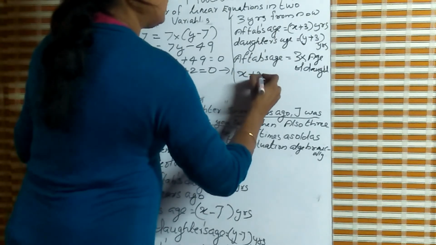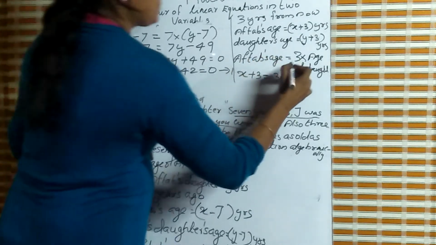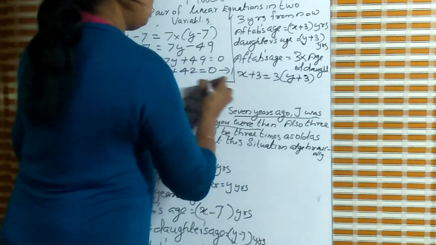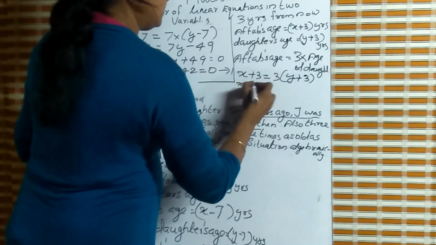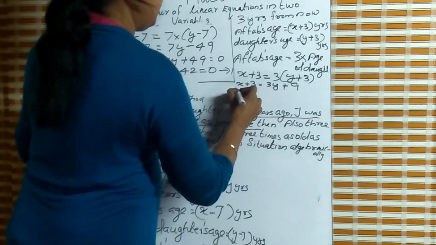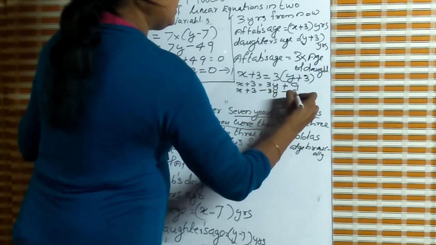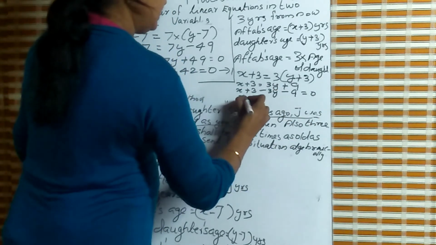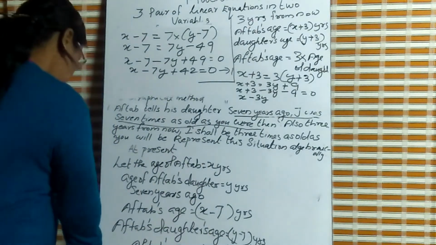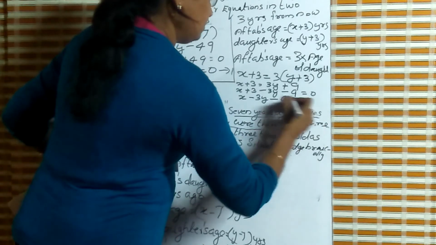x plus 3 is equal to 3 into daughter's age, y plus 3. Solve: x plus 3 is equal to 3y plus 9. Same side: x plus 3 minus 3y minus 9 is equal to 0. x minus 3y plus 3 minus 9, which is minus 6, is equal to 0.